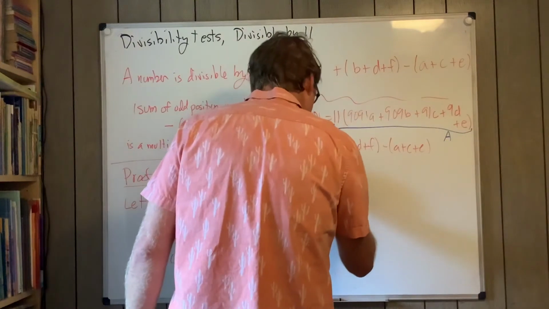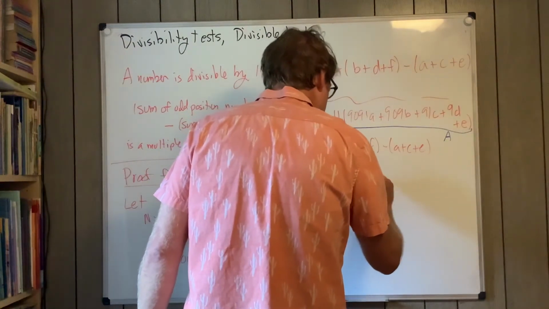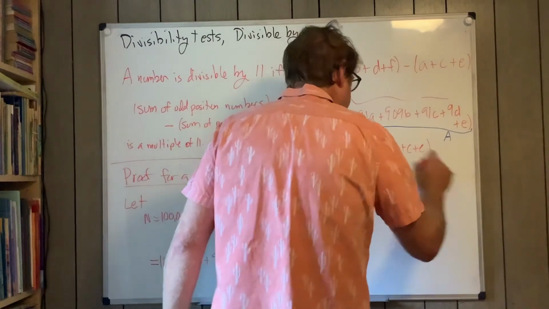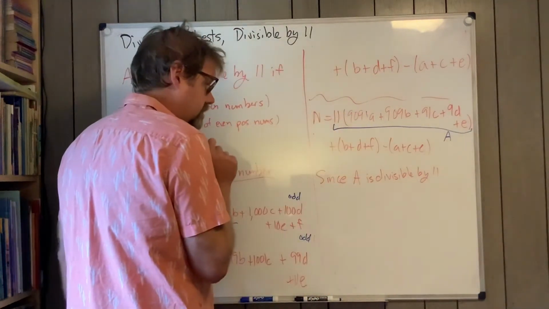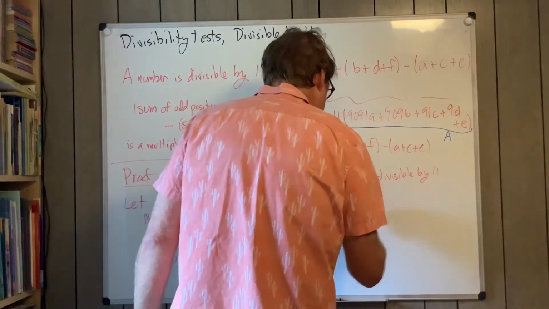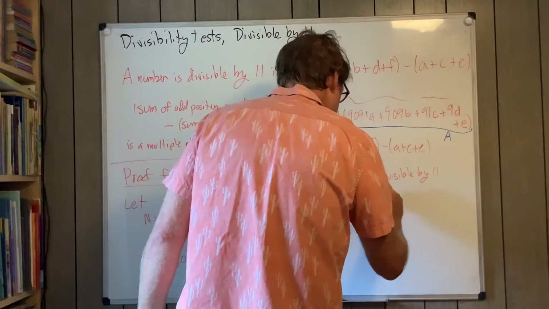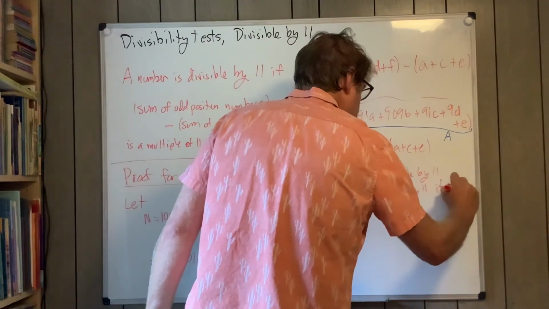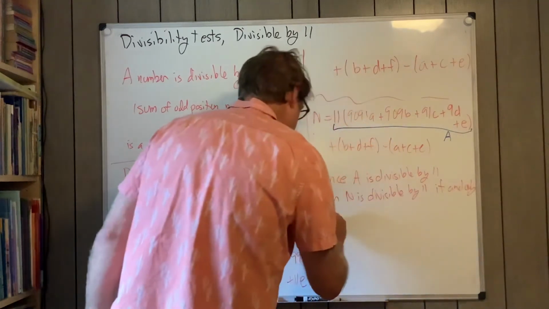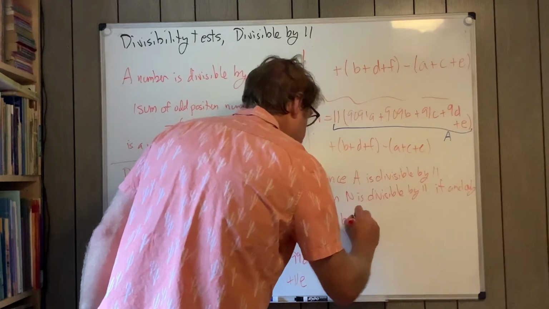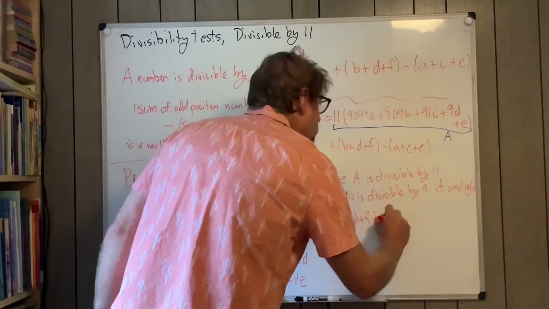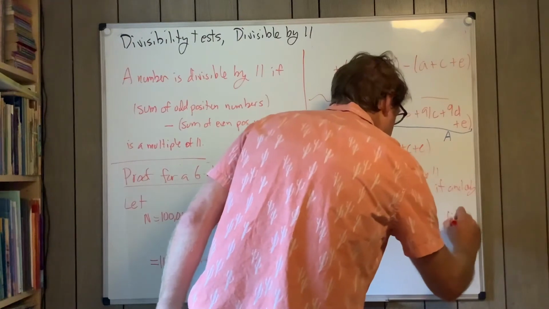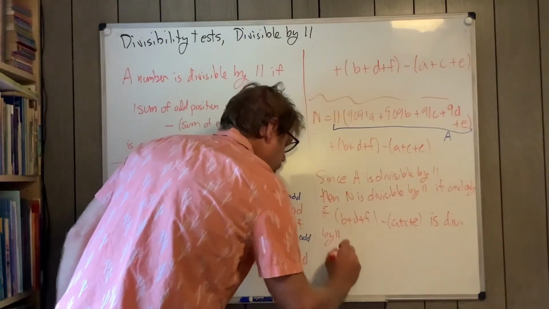So since A is divisible by 11, because 11 is a common factor, then N is divisible by 11 if and only if B plus D plus F minus A plus C plus E is divisible by 11.